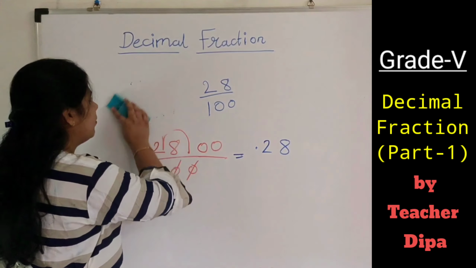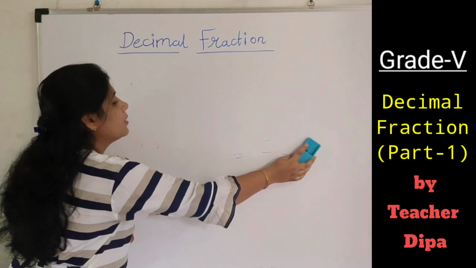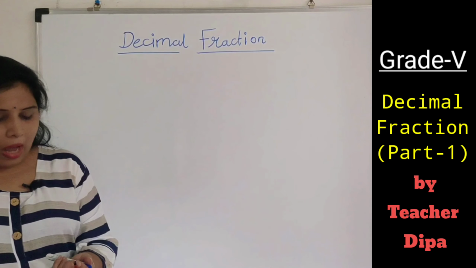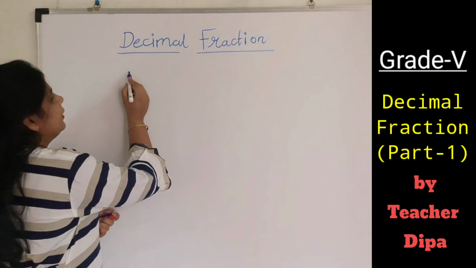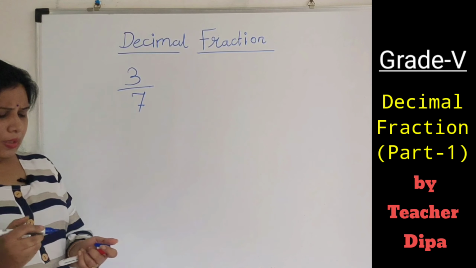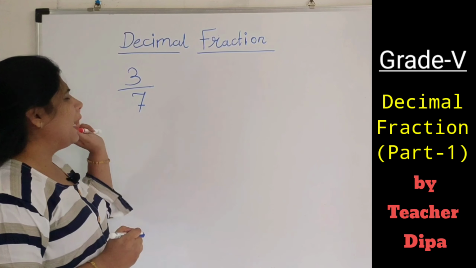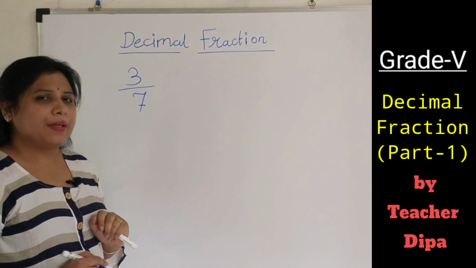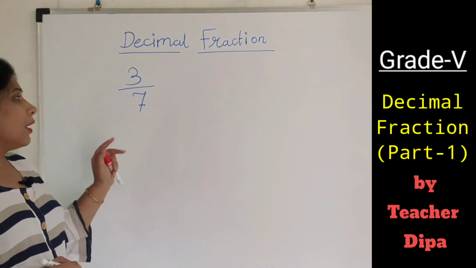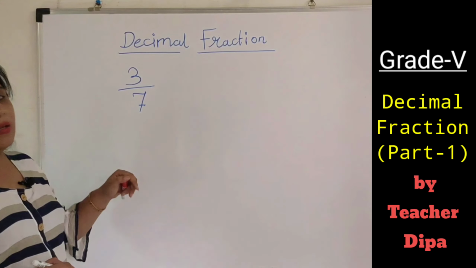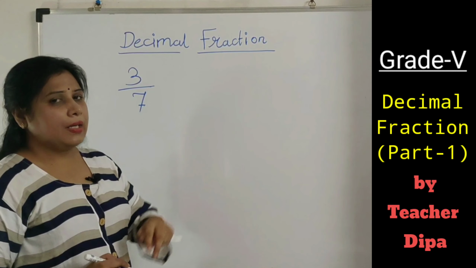If I have a number like 3 upon 7, and I ask you to convert 3 upon 7 into its decimal fraction, you can multiply any number with 7 but you cannot get a multiple of 10. So at that time what to do? We have to just use our division method.